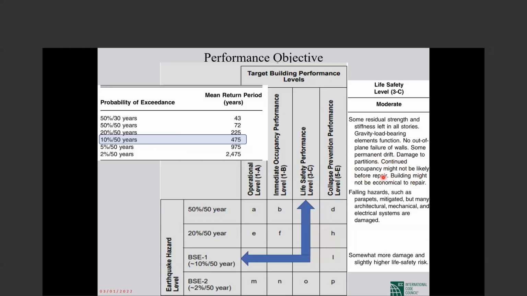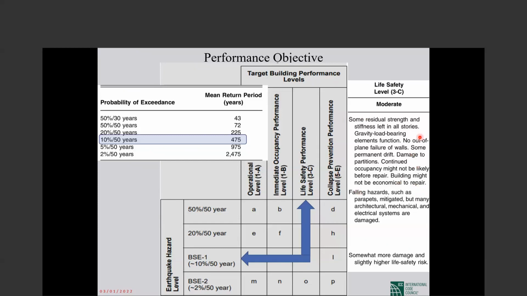So you can't stay, even when satisfying life safety, but life safety means this. The building might not be economical to repair, which is true. So most of the buildings that we design provide life safety, but after an earthquake, they should be demolished.